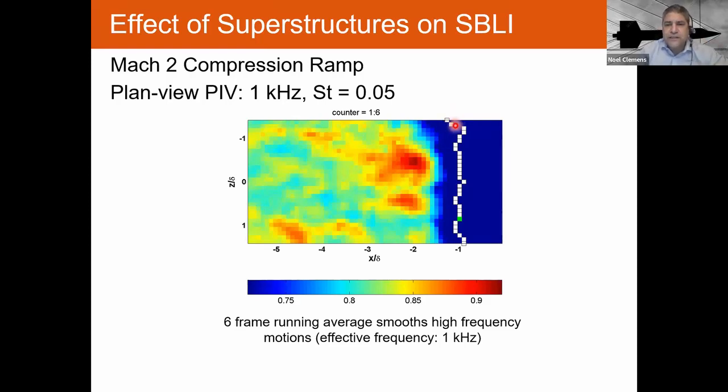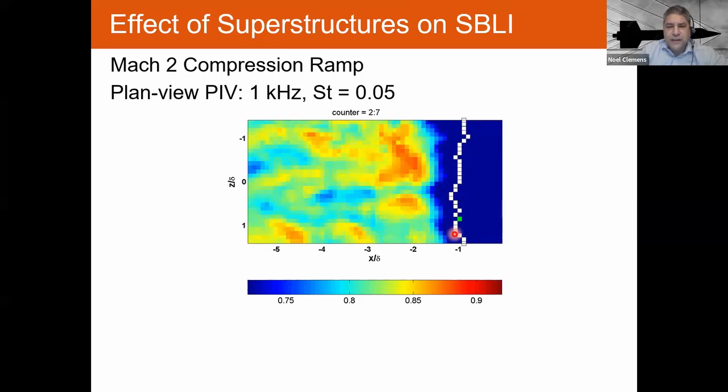This is a surrogate for the separation line, because we're looking a couple of millimeters from the wall, so we don't have the location of zero skin friction or zero shear stress. The surrogate is just a contour of an arbitrarily low velocity.